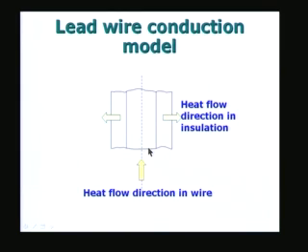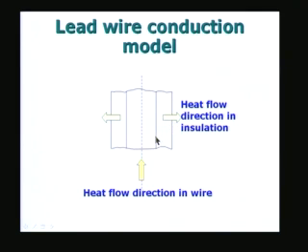The wire is a very highly thermally conducting material because it is metallic, and therefore, you have heat transfer in the axial direction in the wire. So, that is shown by this arrow, and in the insulation which is surrounding the wire, in the single wire model we have a single wire surrounded by a certain thickness of insulation, and we have heat flow predominantly in the radial direction in the insulating layer.